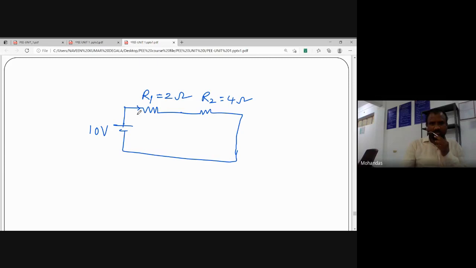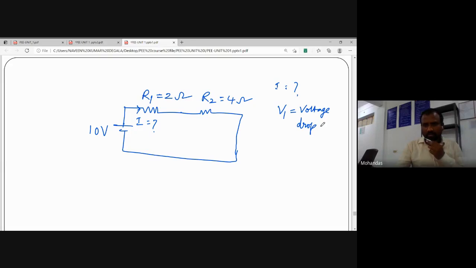This is the circuit given. Now calculate the current I which is flowing in the circuit. What is the I value? V1 is the voltage drop across resistor R1.